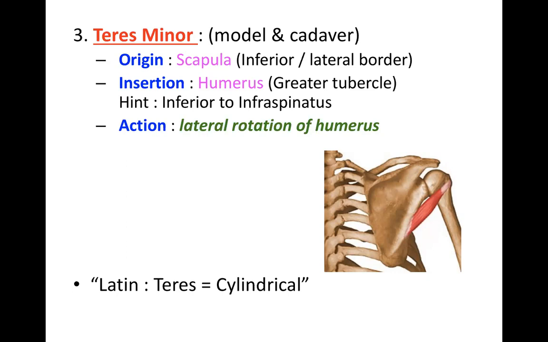So the 3 in the back are going to be on the greater tubercle, and the subscapularis, which is in the front, is going to be on that lesser tubercle. All right, so when we look at the teres minor, it is a small cylindrical muscle that is going to be inserting again on that greater tubercle, and when it pulls, it's going to function to rotate the humerus.